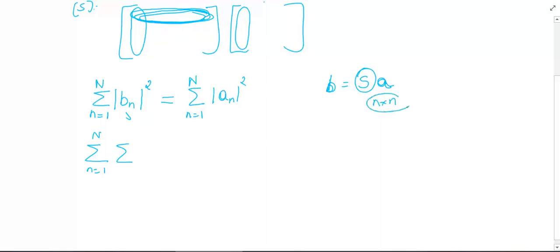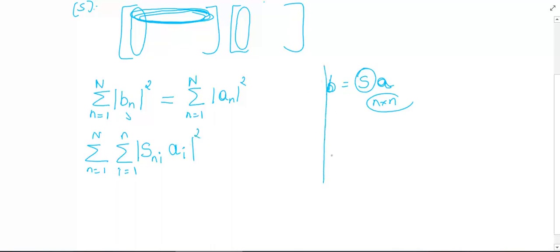So I have to consider n variables here, with a new variable i equal to 1 to N. It is S n i, A i, the whole squared.